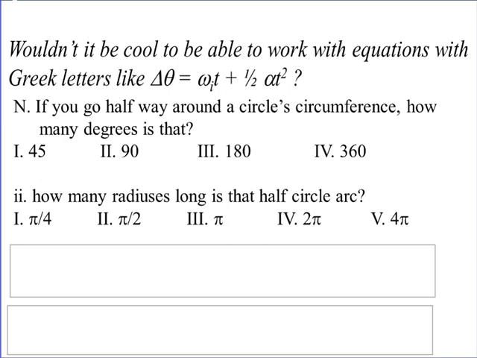Then we ask, how many radiuses or radii long is that half circle of arc? How many times does the radius fit into a half circle? I need everybody to agree that it goes in pi times. The radius goes into a complete circumference 2 pi times, into half a circle pi times.